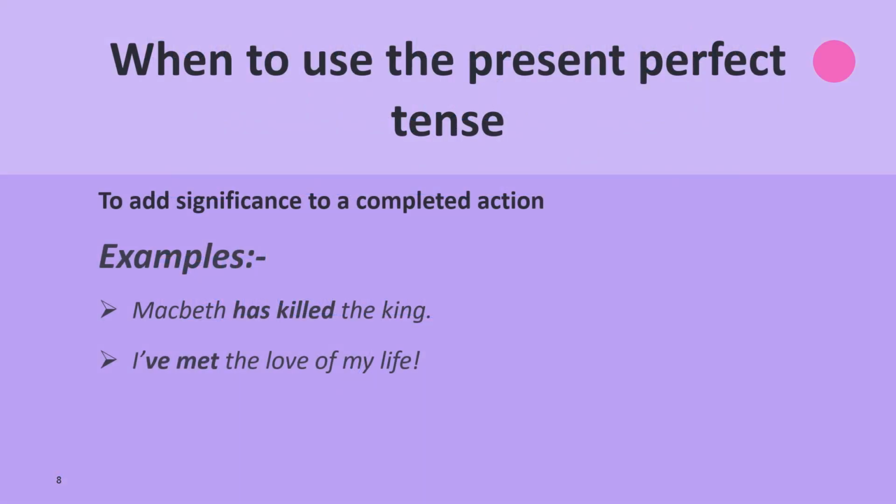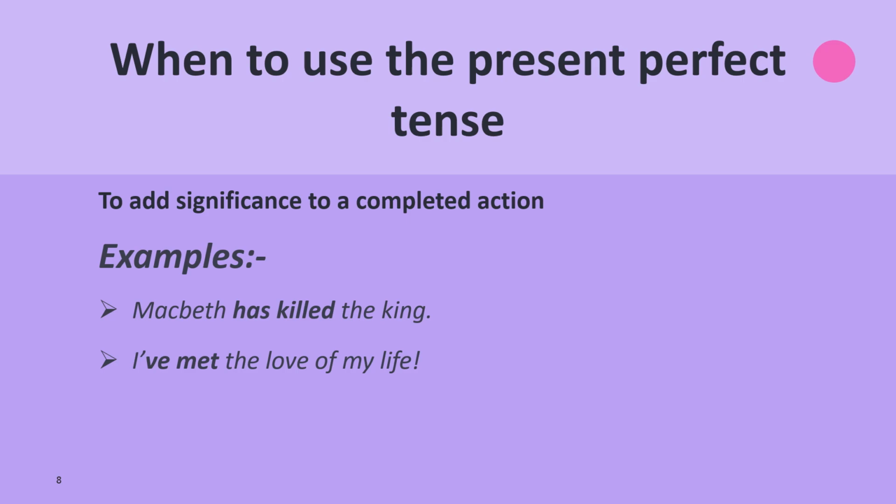When to use the present perfect tense, means what are the uses of the present perfect tense. First is to add significance to a completed action, means we have to make past actions more important. It is often used with great achievements, rare events or life experiences.